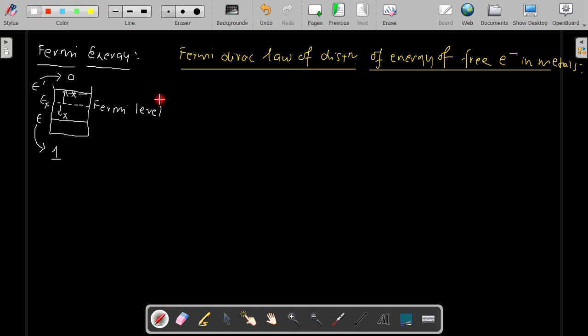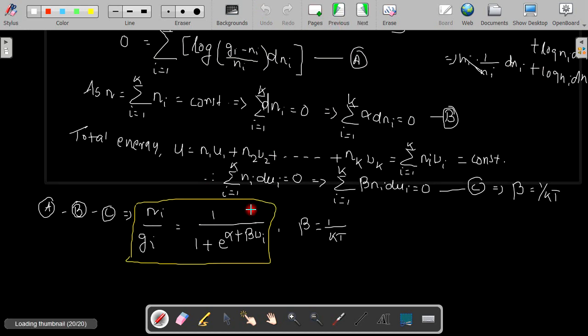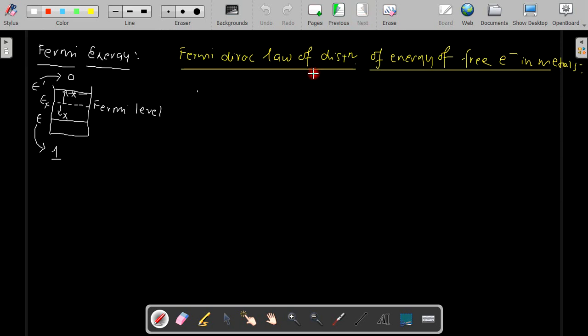So when we talk about energy, we know the number of particles, right? We have already said that in the previous derivation, okay. This is the number of particles, and let's write it down again. We can simply write it down as Ni divided by Gi is equal to 1 divided by 1 plus e to the power alpha plus beta, so that's 1 by kT into the energy, okay.